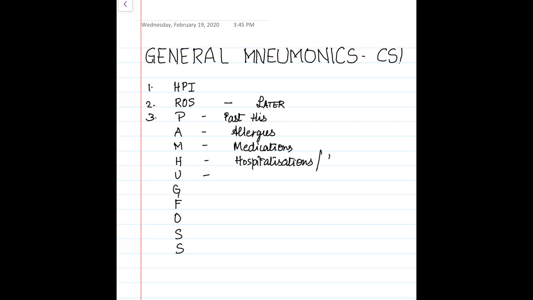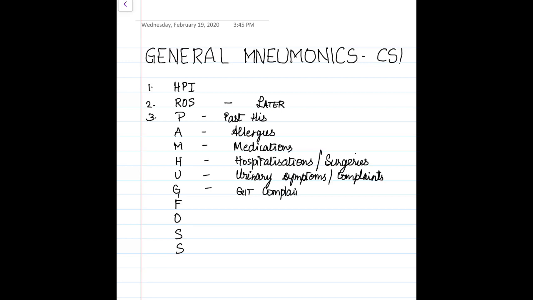or previous surgeries. U is for urinary symptoms or complaints. So you can ask the patient, do you have any urinary complaints? And G is for GI complaints.